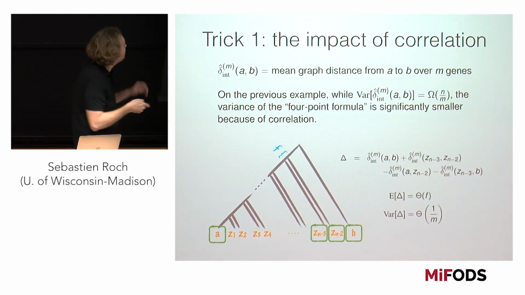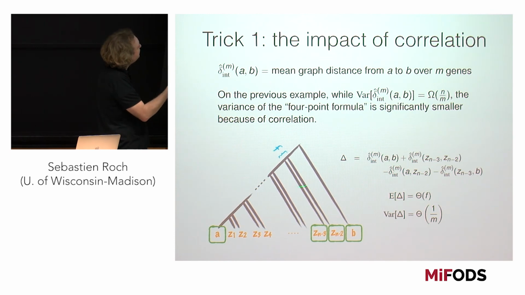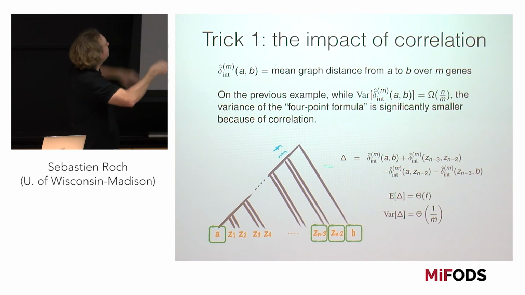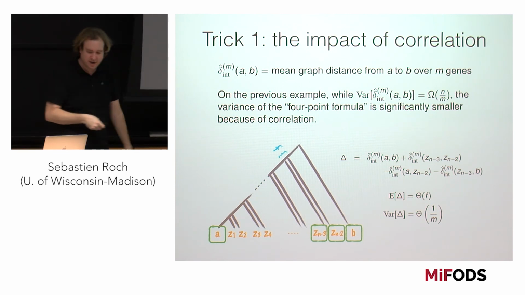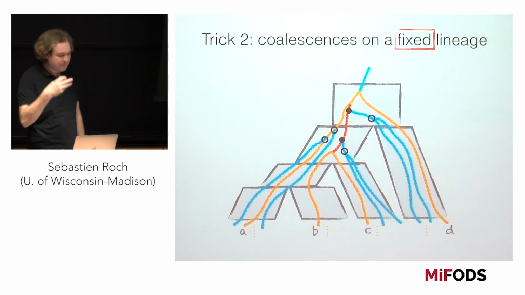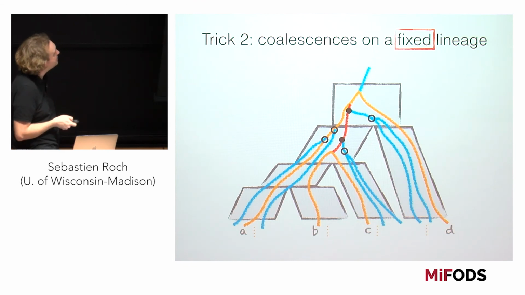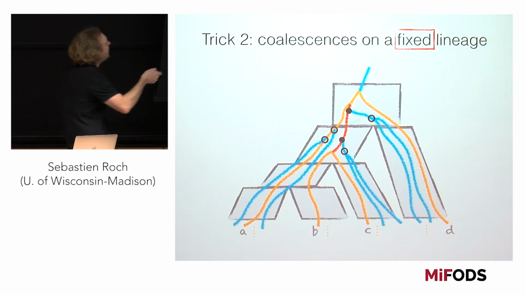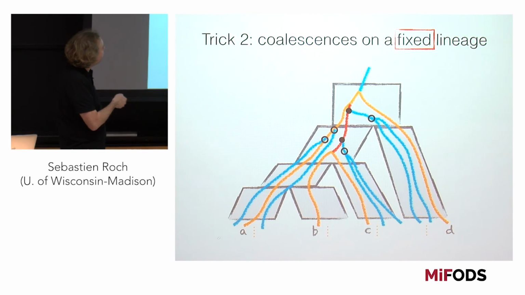Now that turns out not to be quite enough. Once you've taken that into account, you still have to worry about the fact that there's a lot of species that creates a lot of different lineages that might all merge with your thing. But one nice property of the coalescent process is that if I take 4 species, what I care about is how many lineages hit the middle path of their quartet.